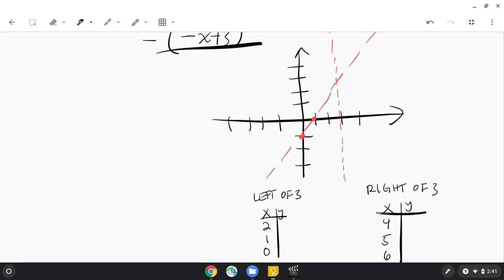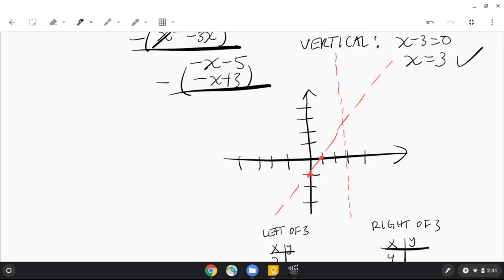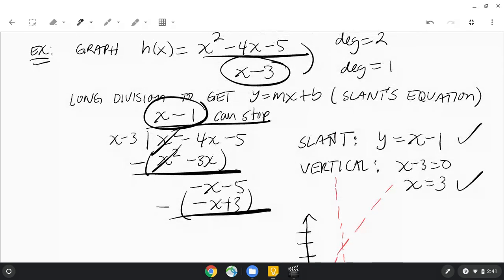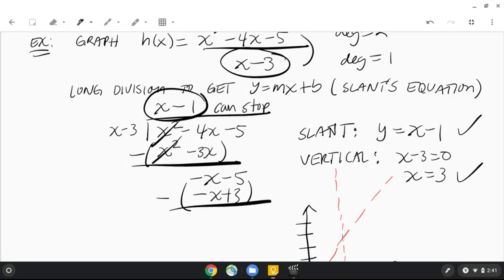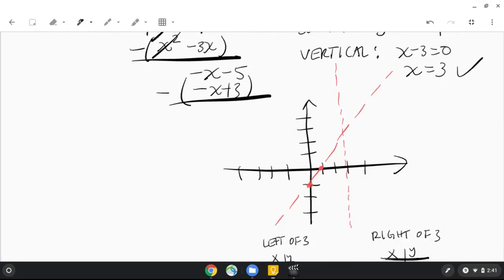All right, calculator handy. Where is my original? x squared minus 4x minus 5 over x minus 3. I'm going to write it over here so I can see it.